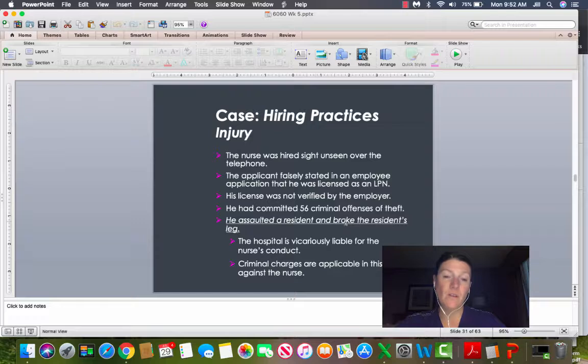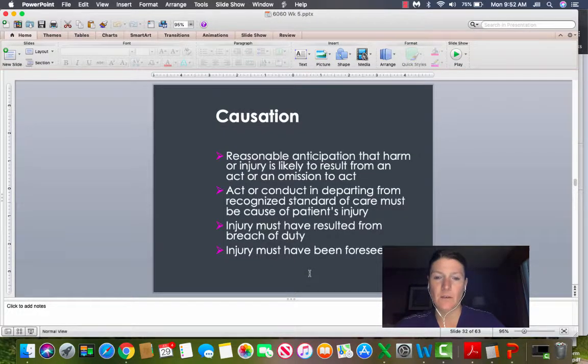So there is certainly an injury that occurred here, and the organization would be considered vicariously liable. Now, in this case, the patient was assaulted, so there could very well be criminal charges against that employee, because there was assault and battery, which we'll talk about in a little bit.